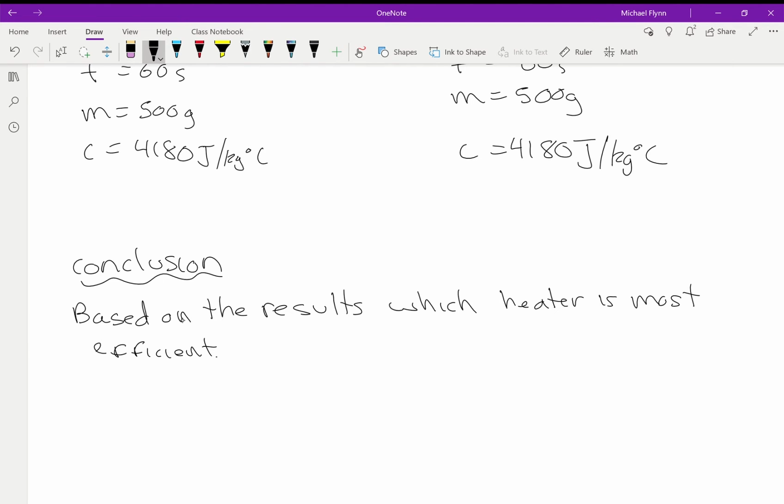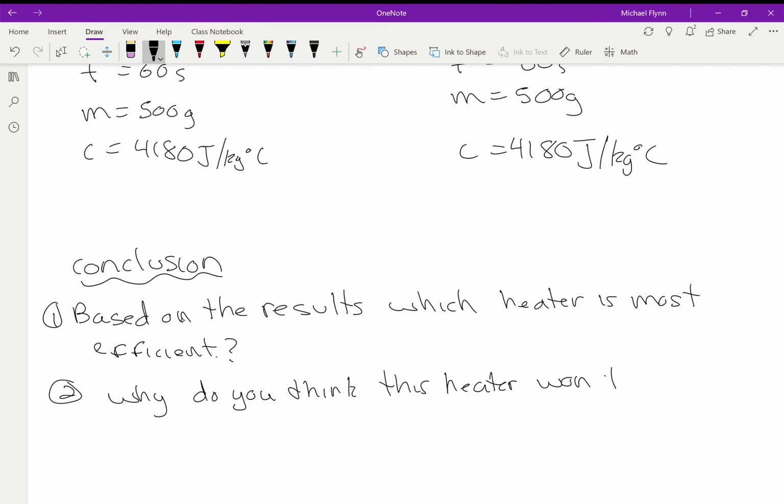So I'm just going to ask you two questions. One, which one's the most efficient? Easy. Number two, why do you think this heater won the competition? Why do you think it's the most efficient?